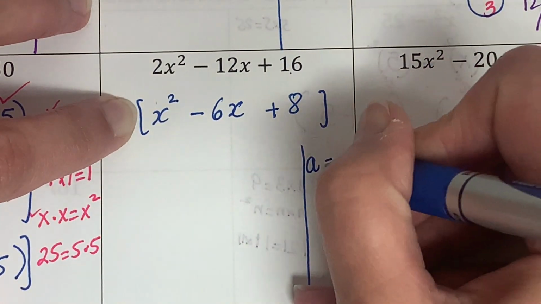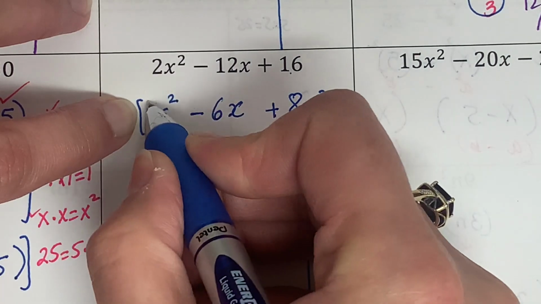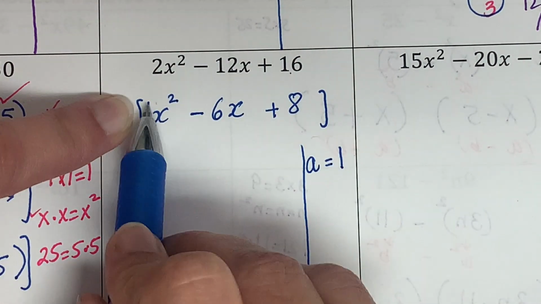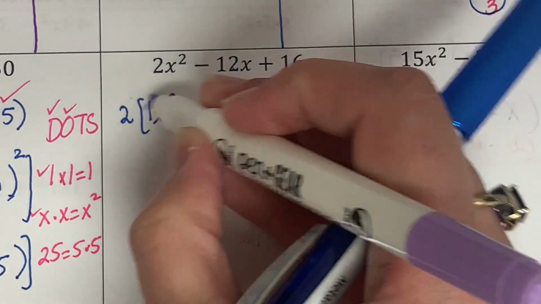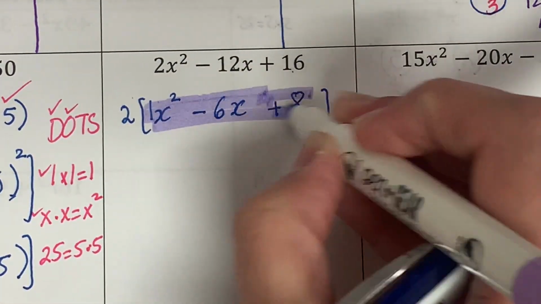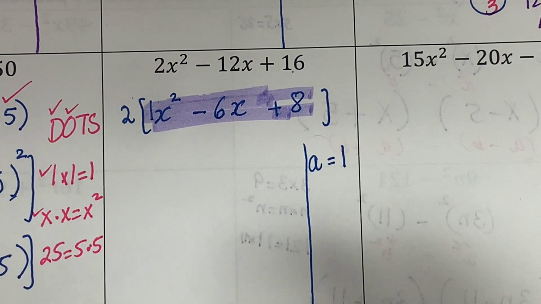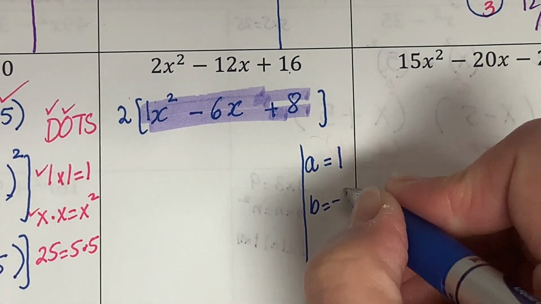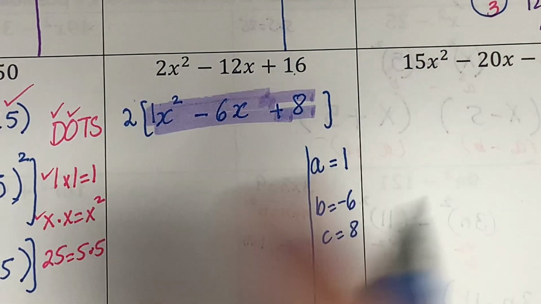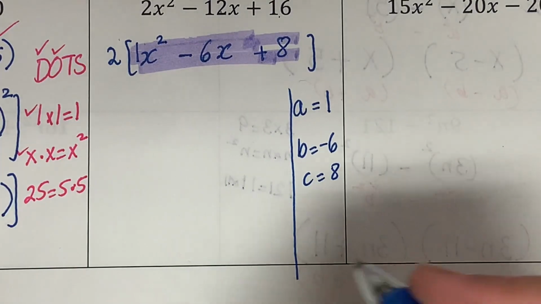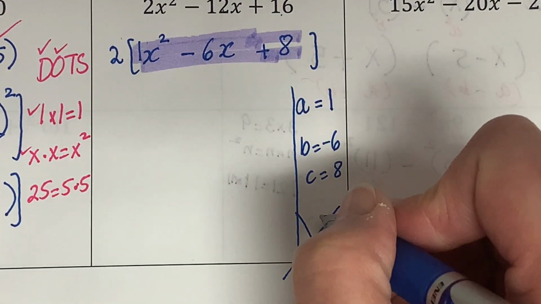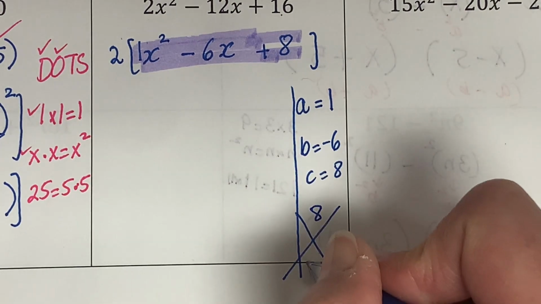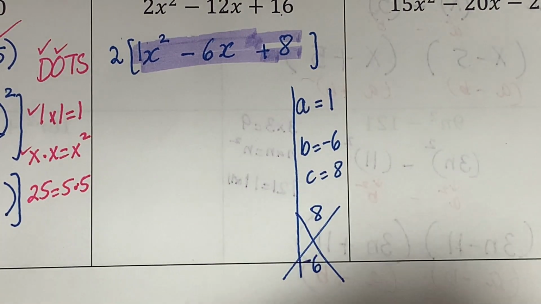So I have to check whether I can get the x puzzle or not. A value is basically 1. B is -6 and C is 8. Let's see if we have the x puzzle. AC is 8 and B is -6.